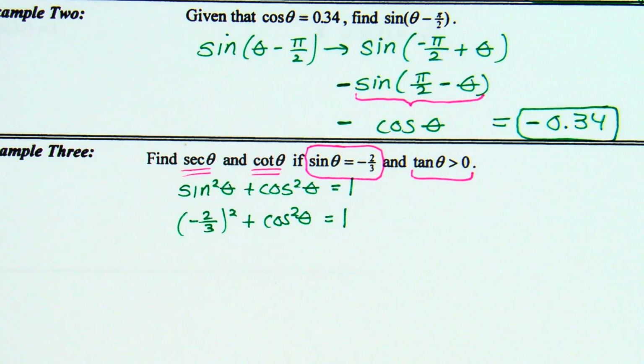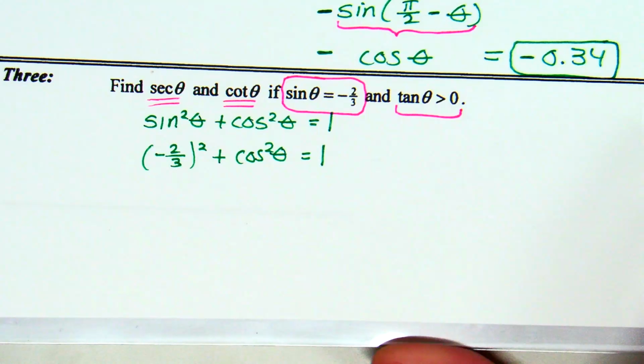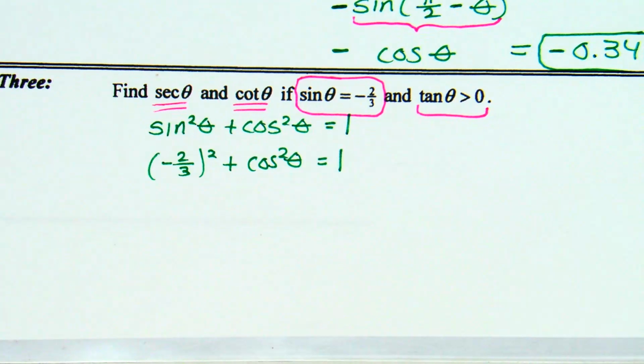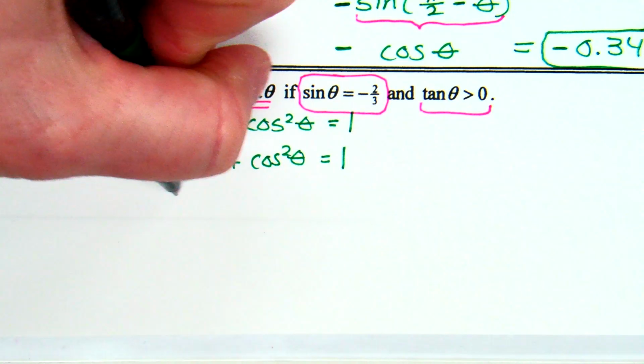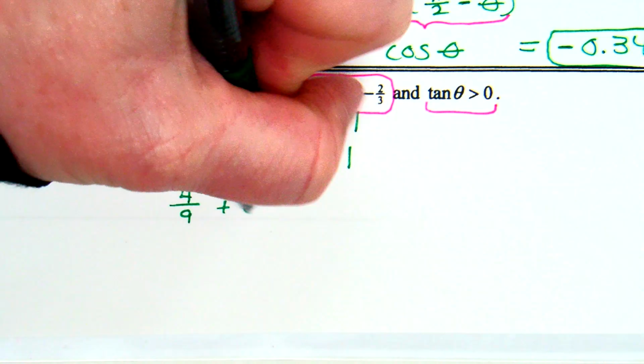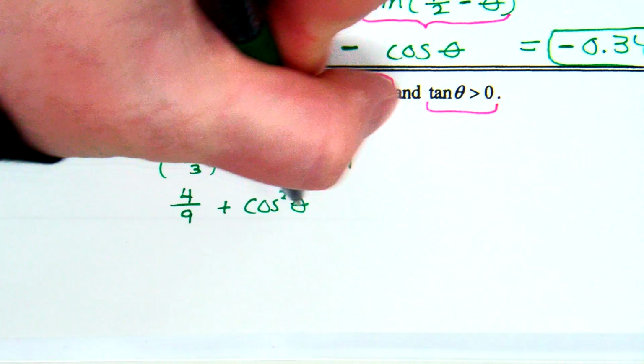Are we okay with what I'm doing here? What's the next step? Negative 2/3 squared is 4/9, plus cosine squared theta equals 1.